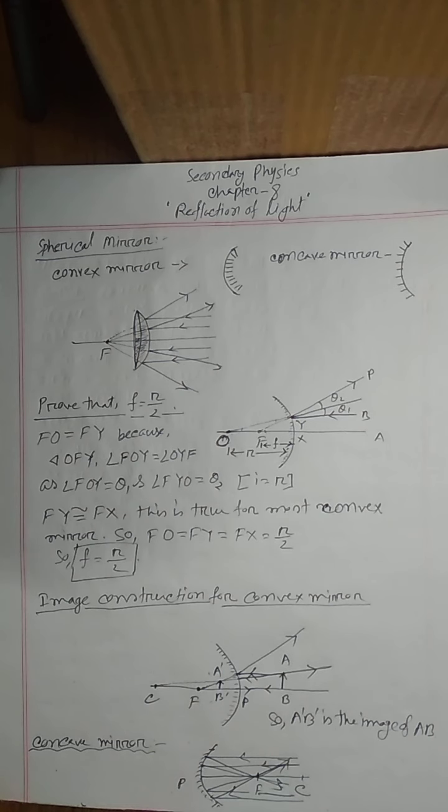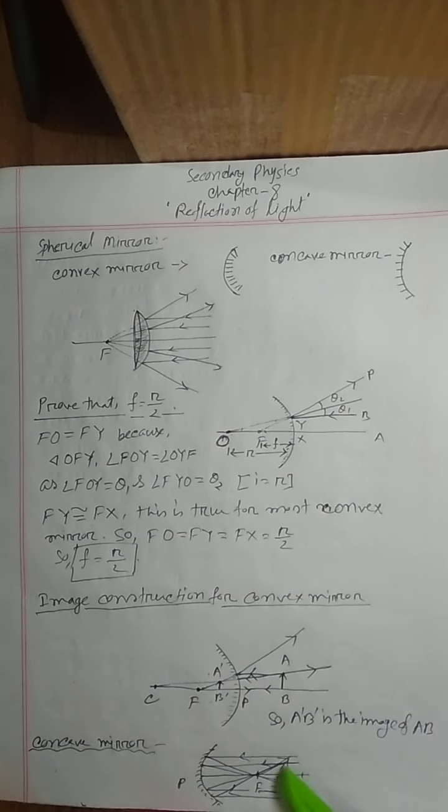Therefore, before reaching the focal point the rays are converging, and after reaching the focal point the rays are diverging. This is the way we draw a concave mirror.